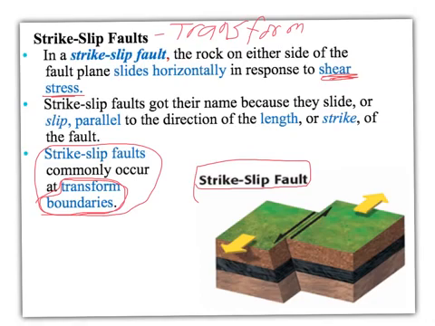So the fault in this case, the break is right here. Alright, so if I was to label hanging and foot walls here, here's the hanging wall, here's the foot wall.